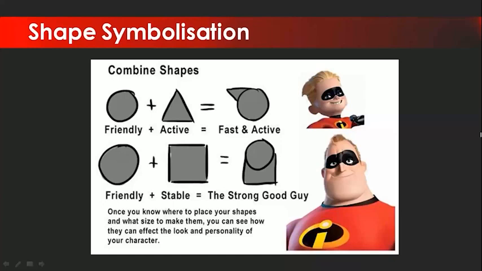Because when you learn these things, what is the meaning of these things, first you follow this according to the shape symbolization, then you can experiment with other shapes, so your result will come in a different way. That is your second position, because especially in the animation field, the first appearance of the character looks good or bad, because it's a creator.